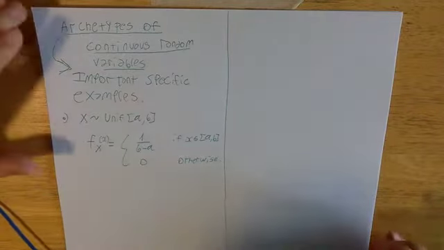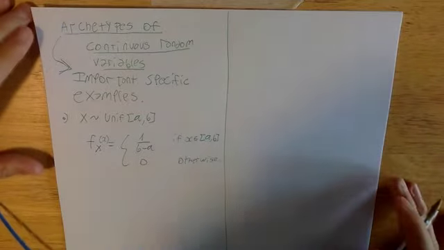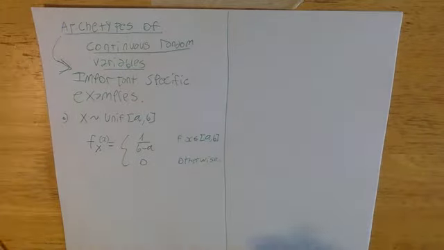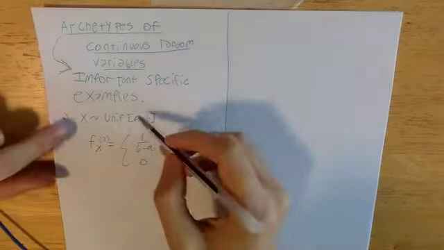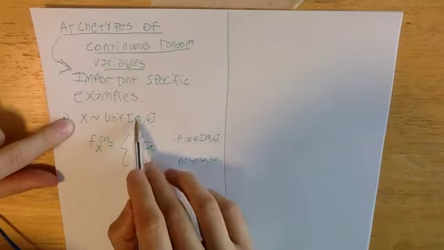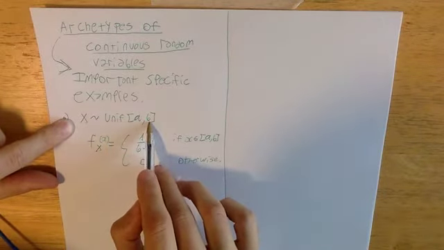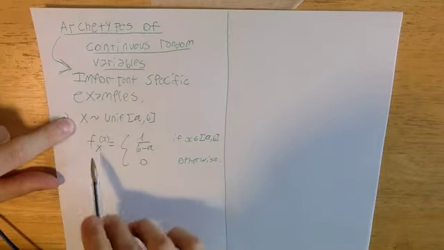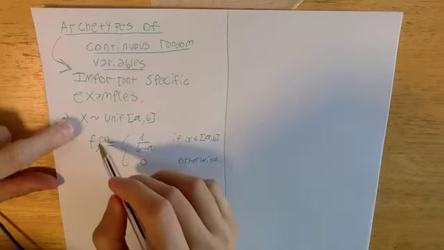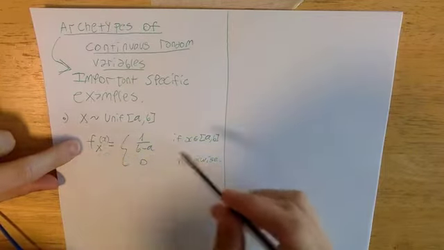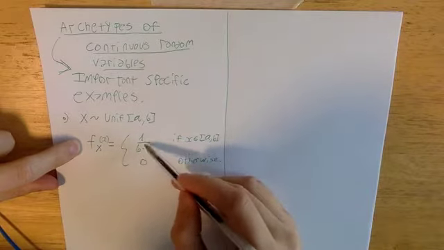Okay, so one of the things that we need to remember in general is that here is the probability of getting uniformly a random number between a and b. It's going to be the density function associated with this. It's just going to be 1 over the size of the interval.